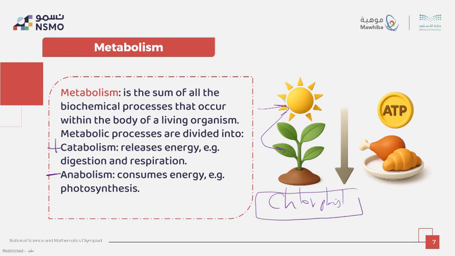After that, we consume the plant or the chloroplast-containing organisms, and we produce ATP from mitochondrion, and we can use it as usable energy, and we take it from the mitochondrion.